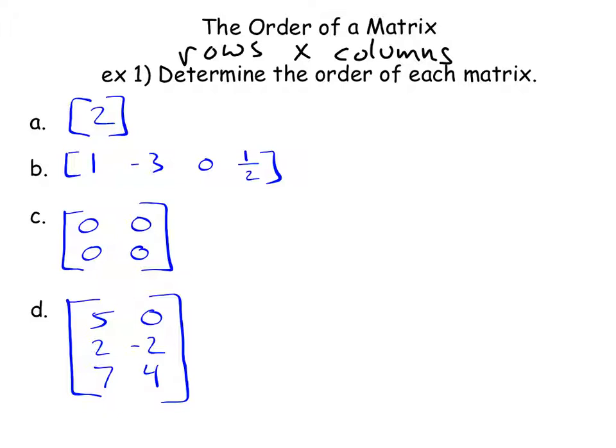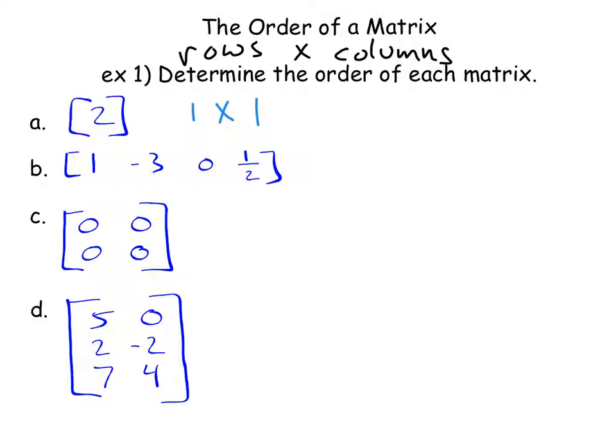So one of the things that we'll refer to as matrices is their order. What size of matrix do we have? It's a question we often want to know before we do anything with them. Part A, one of the smallest, most simple matrices you could get, that is a 1 by 1. 1 row by 1 column.